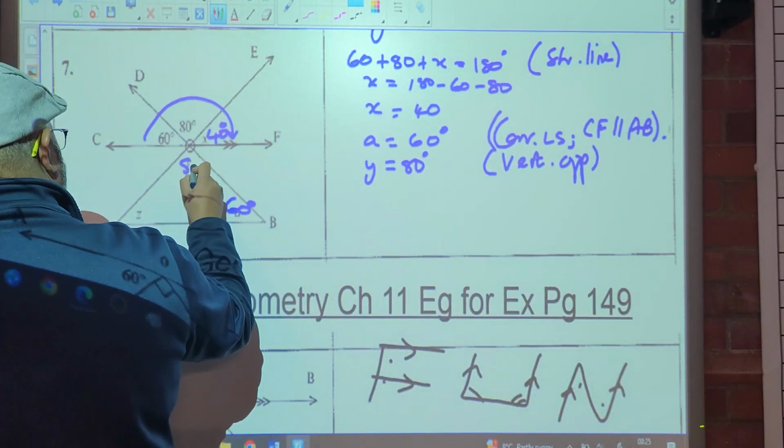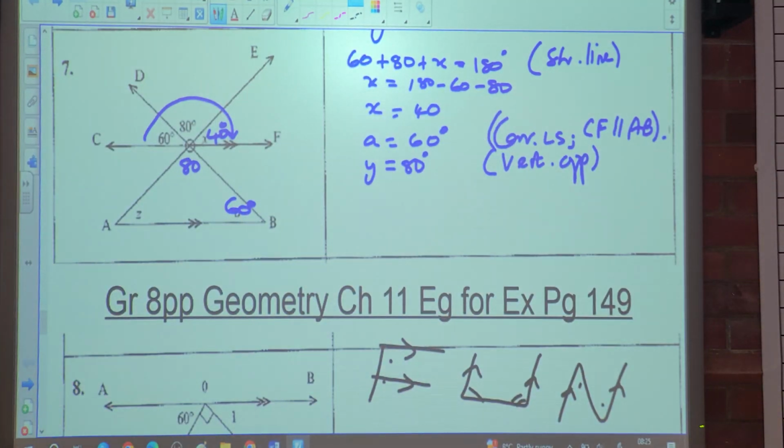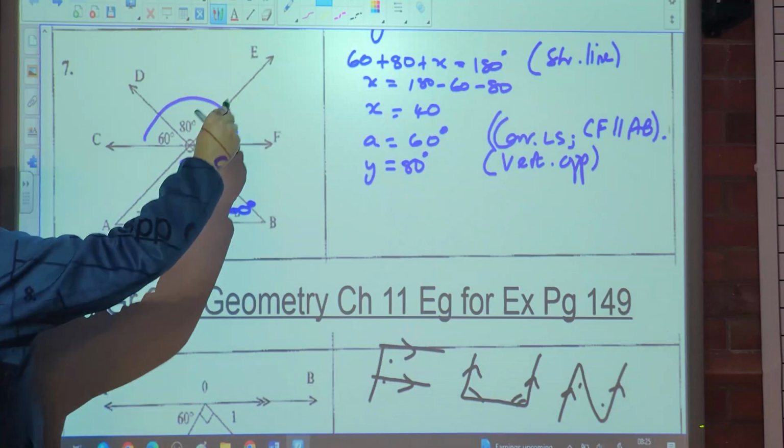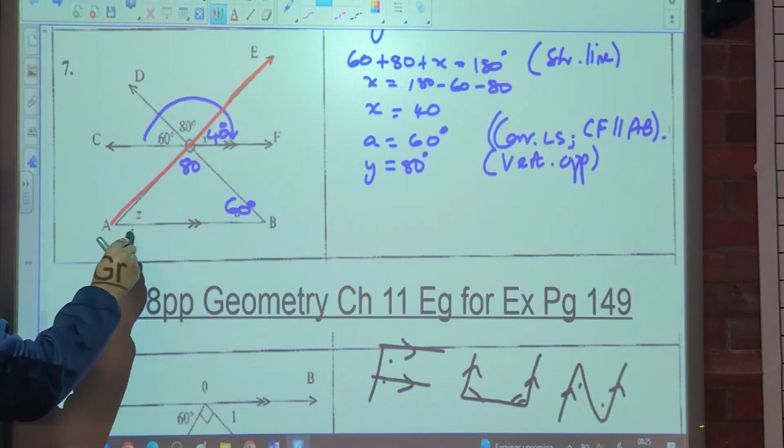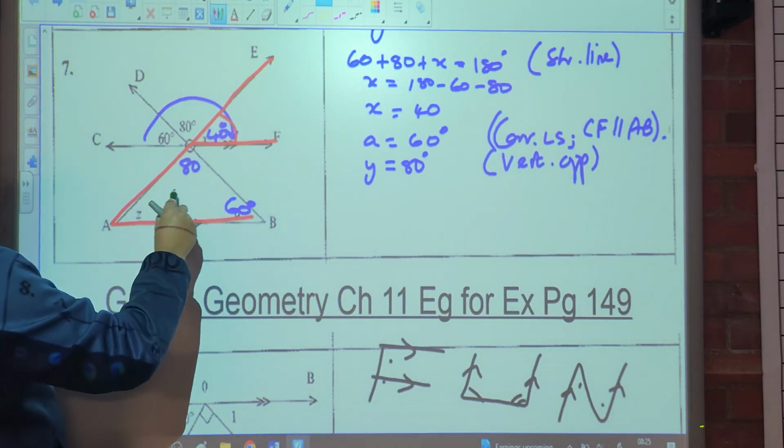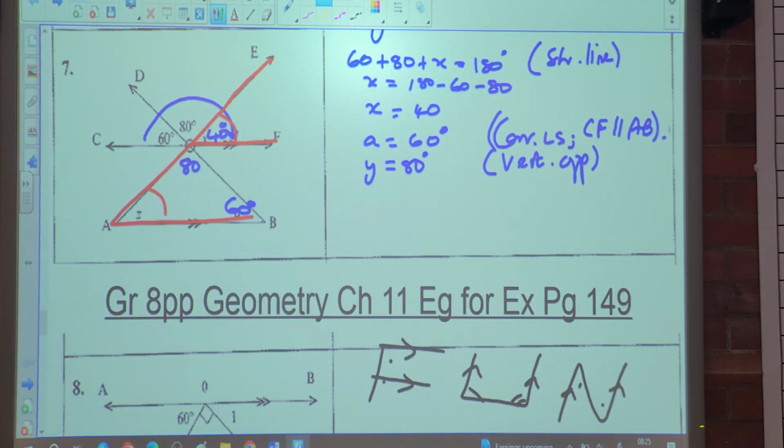Now can you calculate z? F again is nice. And what do we call that F? Corresponding angles. You guys see that? You're seeing better from here? Yes.